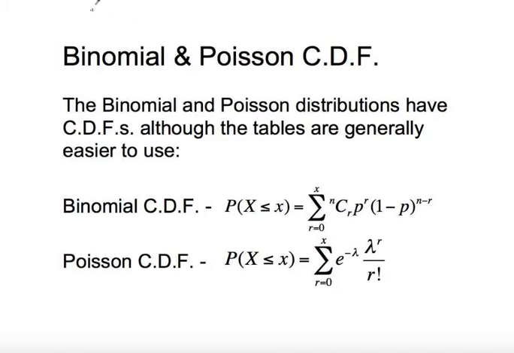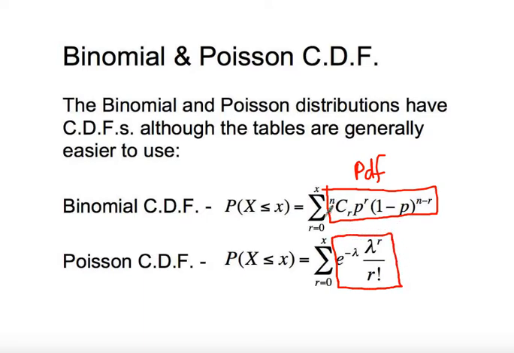So in terms of our discrete random variables, what I'm highlighting in red is actually our probability function. And the way we do the cumulative distribution function for discrete random variables is we sum from our lower value to our upper value, each of the values calculated with this probability function.